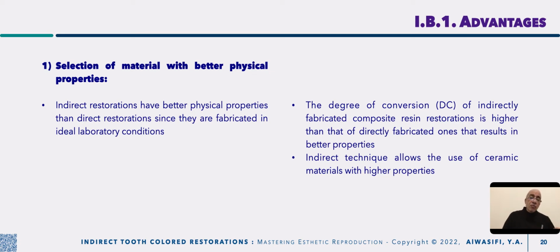Even if you compare direct versus indirect composite, indirect composite is processed outside the oral cavity, and this adds many advantages. One of them is the degree of conversion of your composite, due to maximum polymerization, so the final restoration will show maximum conversion.